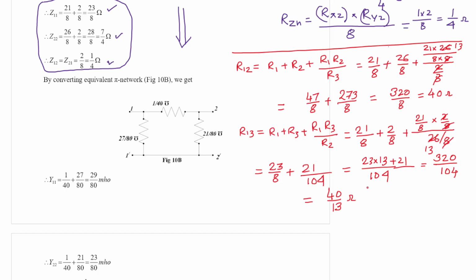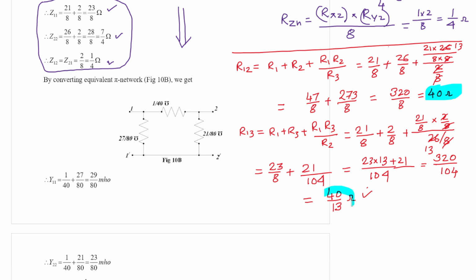40 by 13 ohm, right? So this is R12, 40 ohm.